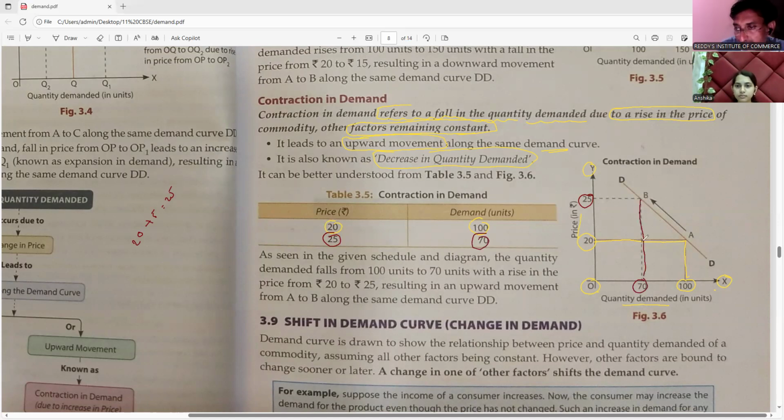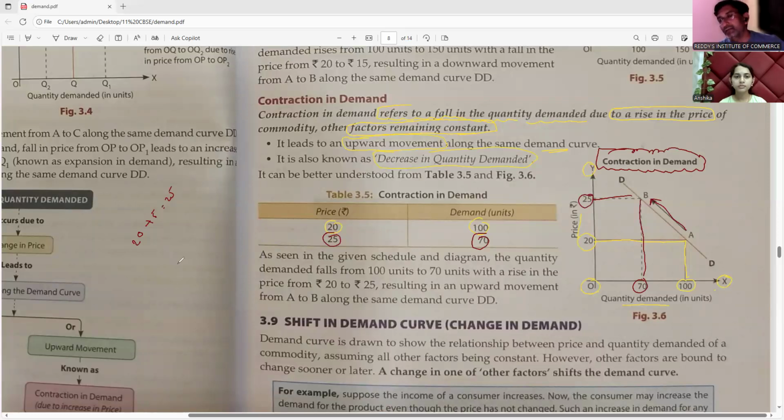It means your demand curve goes to the upward side, and that is called contraction in demand. The movement of the demand curve goes upward due to changes in the price of the commodity, but at the same time, other factors remain constant. Got it?